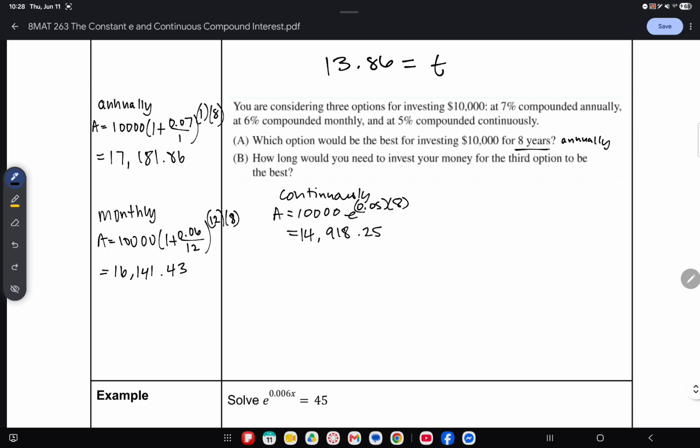But it says, how long would you need to invest your money for that third option to be the best? Okay. So we would want to take the 10,000 e to the 0.05t. And we want to find out how long it's going to take for that third one to be the best option.